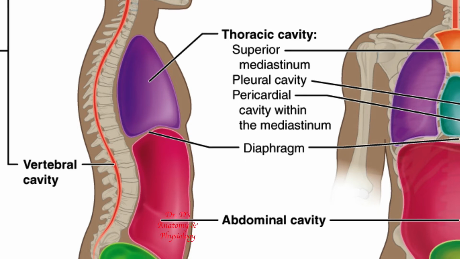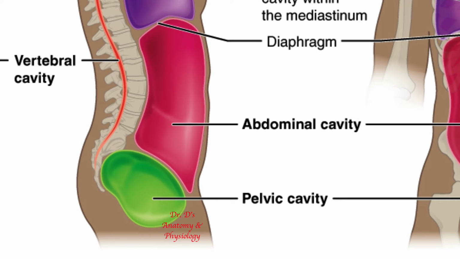As we go lower to the pelvis, you can separate the abdominal cavity from the pelvic cavity, but there is no clear boundary or separation between these cavities, and they are sometimes referred to collectively as the abdomino-pelvic cavity. However, we do have this bowl or pelvis, and it does have a boundary, the pelvic brim. And this is the entrance or inlet into the pelvic cavity, which has a bottom at the pelvic floor.